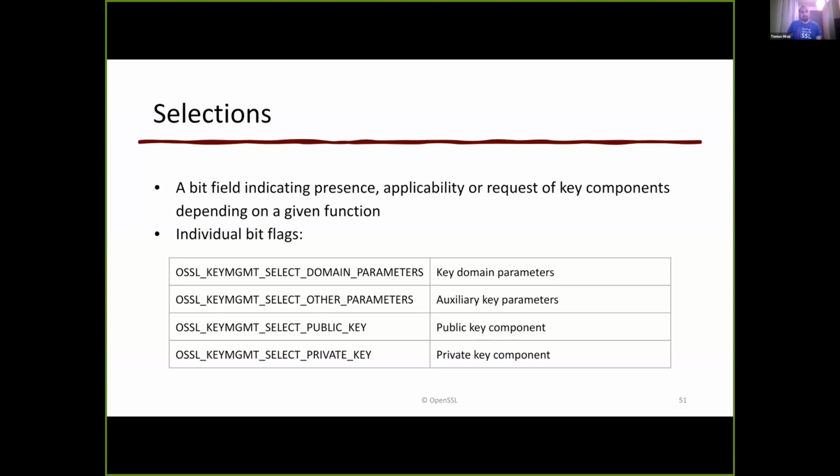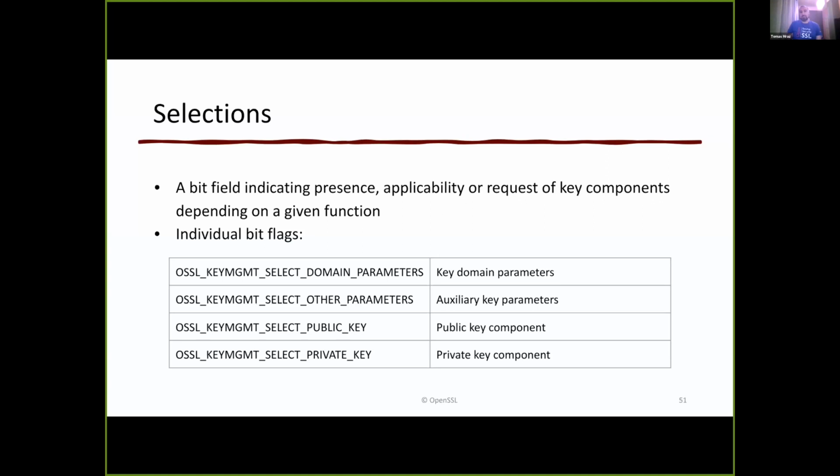The other parameters bit indicates any other auxiliary key parameters that the key can have. Public key, of course, is the public key component, and private key is for the private key component. There are also other macros defined that combine some of these bit flags. Again, please look at the manual page I've referenced before. And there are also combined bit flags that are part of the EVP API.